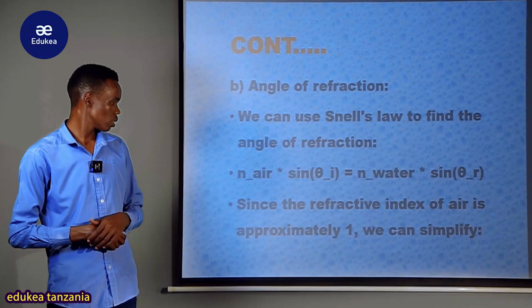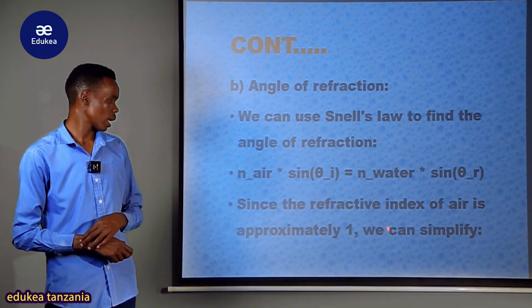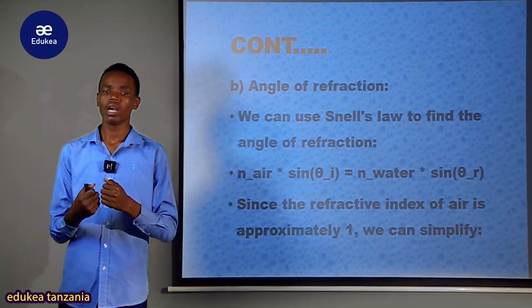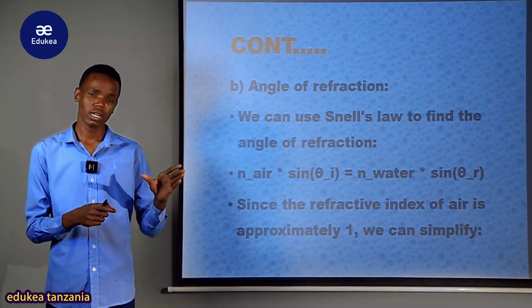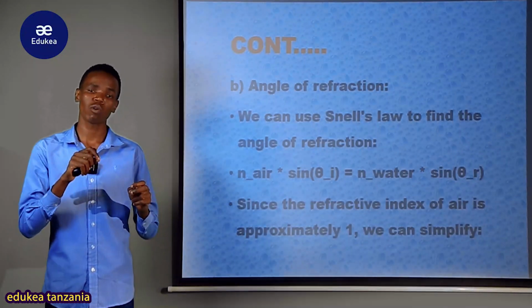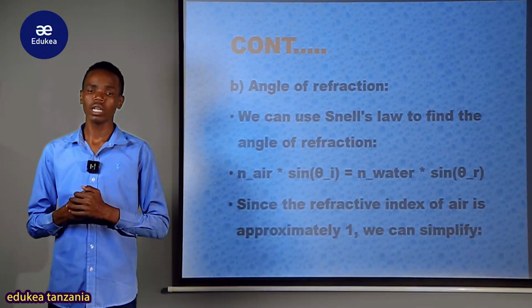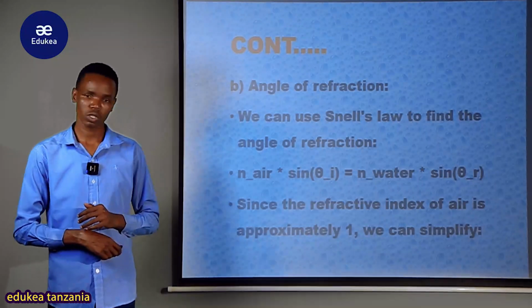After that you will substitute. Since the refractive index of air is approximately 1, this is always constant, approximately 1. So where there is the refractive index of air, you can substitute 1.